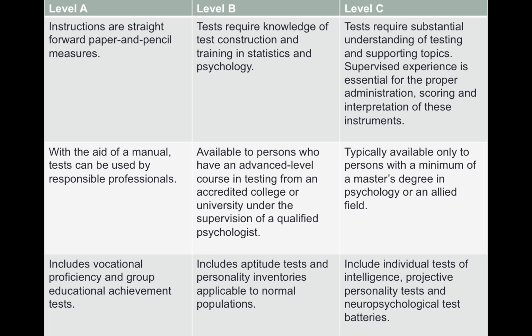Level C tests require substantial understanding of testing and supporting topics. Supervised experience is essential for the proper administration, scoring, and interpretation of these instruments. Typically, Level C tests are available only to persons with a minimum of a master's degree in psychology or an allied field. These instruments include individual tests of intelligence, projective personality tests, and neuropsychological test batteries.